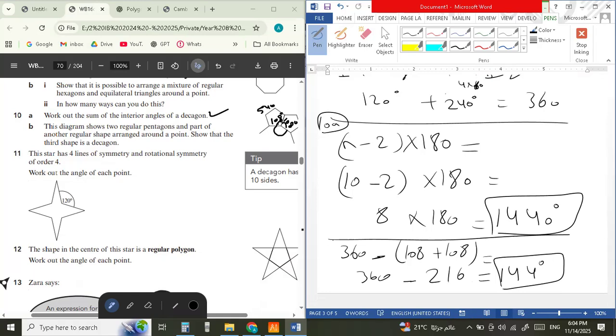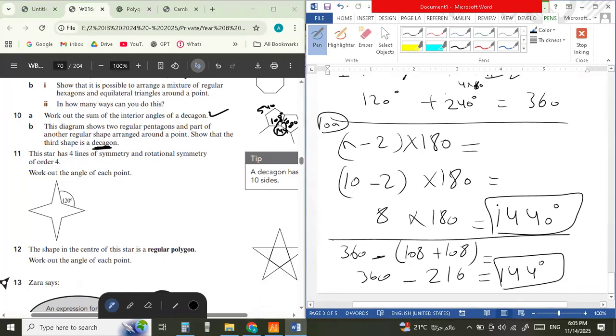The shape that is missing over here, only part of it is shown. They said that it's a regular polygon. If I prove that one interior angle in a decagon is 144 degrees, then this is a decagon.